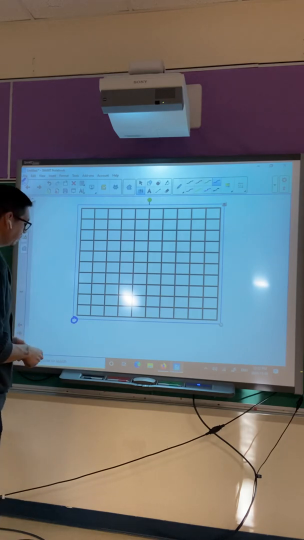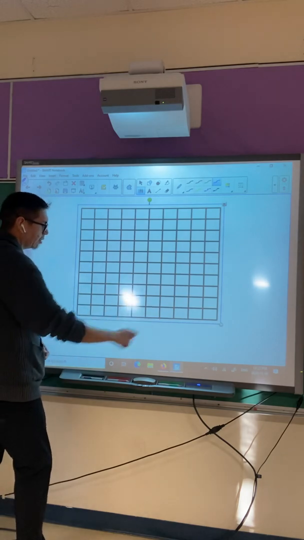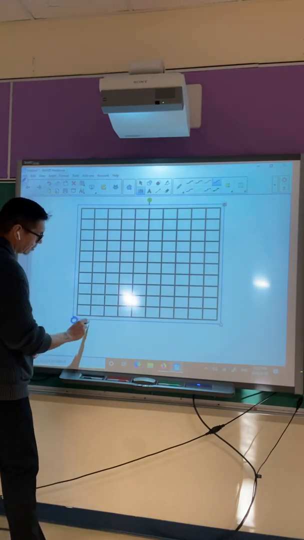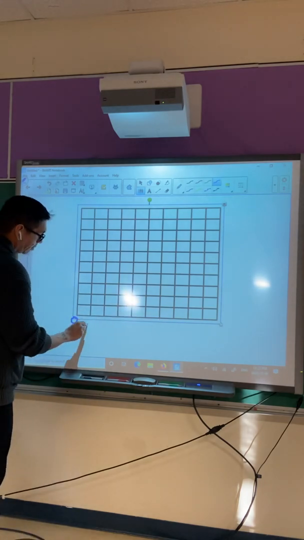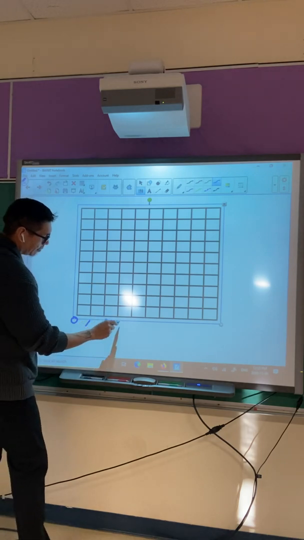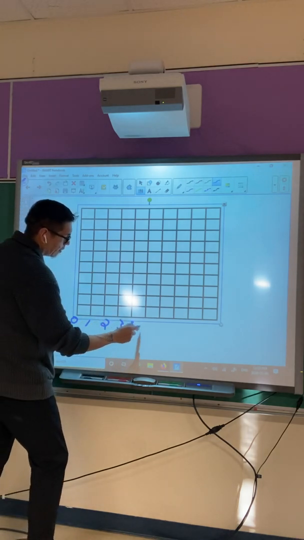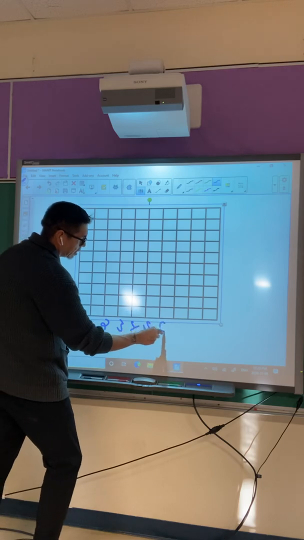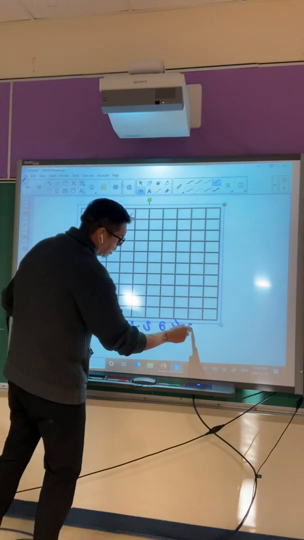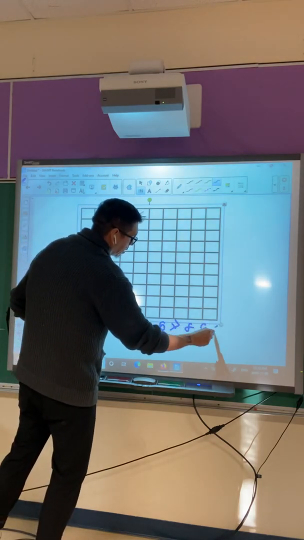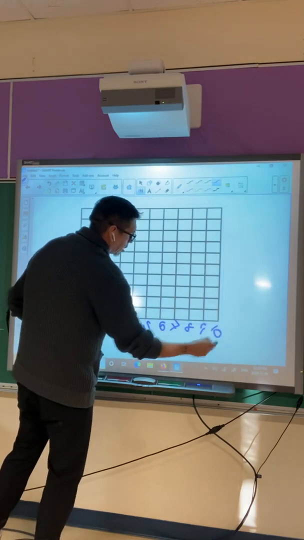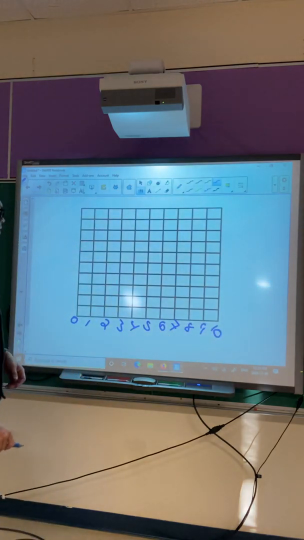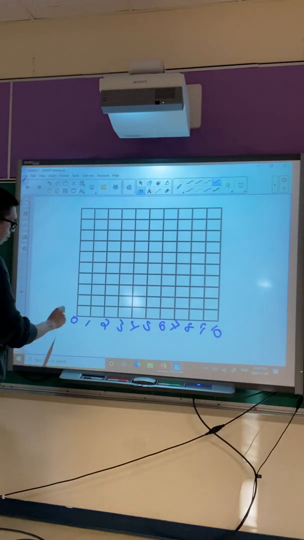Each time we go this way on the x-axis, we go up by 1, 2, 3, 4, 5, 6, 7, 8, 9, 10. But when we go up on the y-axis, remember, we were going up by 2.